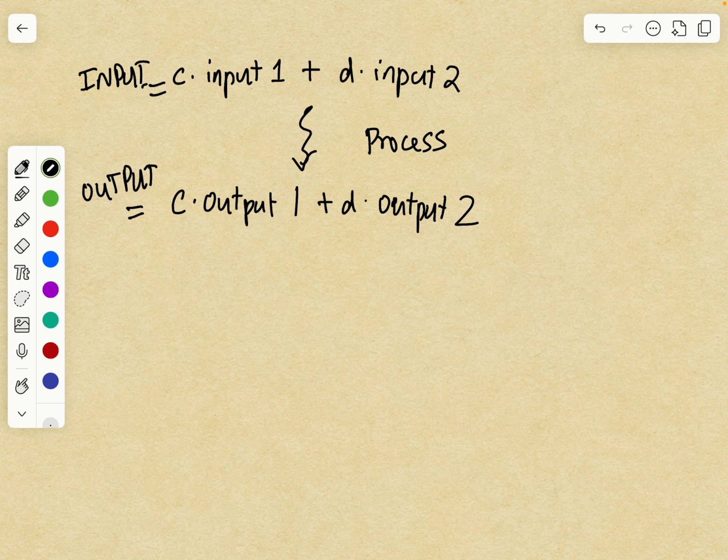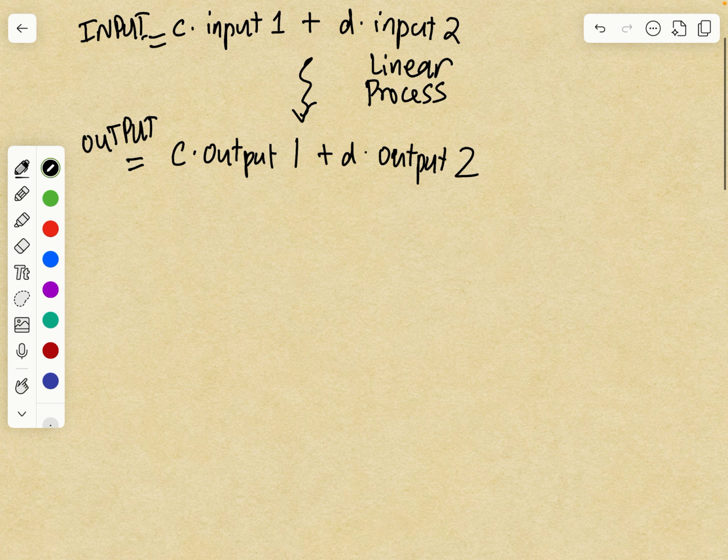It's some function or some operator. That's another term that's used. And it's something that takes inputs and outputs in a particular way. If it does this, then it's a linear process or linear operation or mapping.